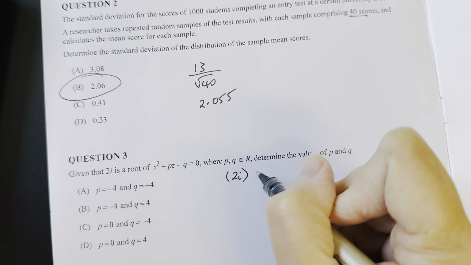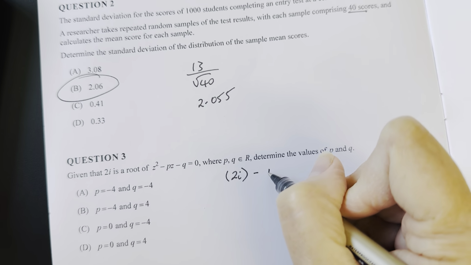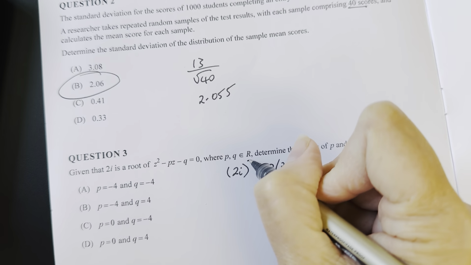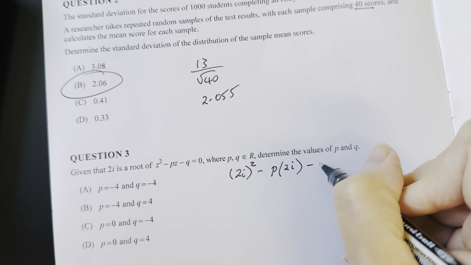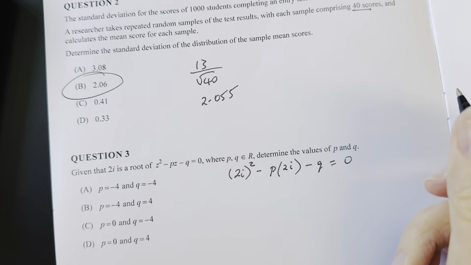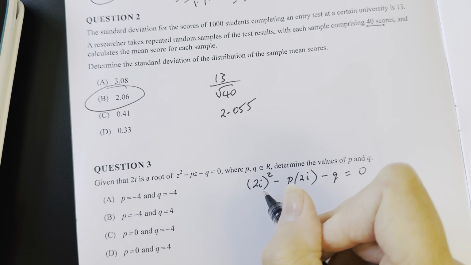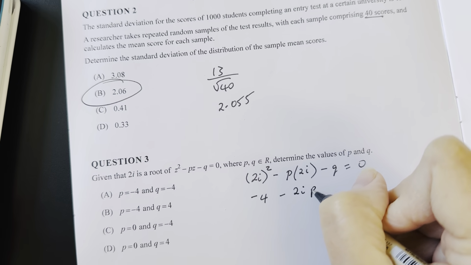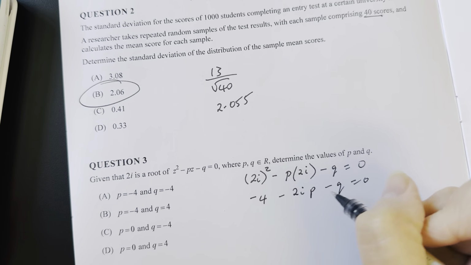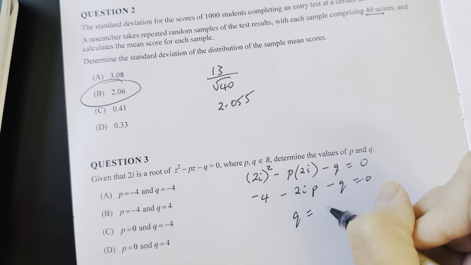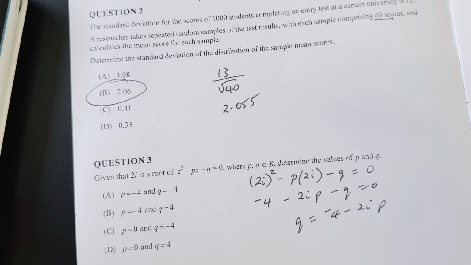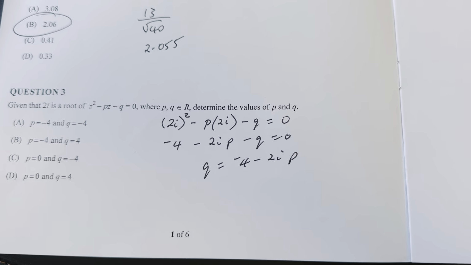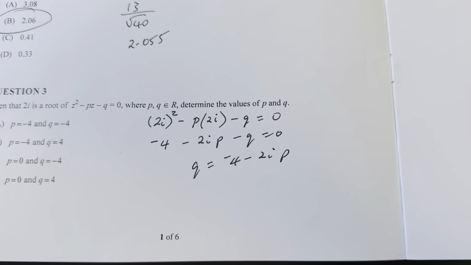So 2i squared minus p times 2i minus q equals 0. 2i squared is negative 4. Take 2ip minus q equals 0. Taking the q to the other side, q equals negative 4 take 2ip.